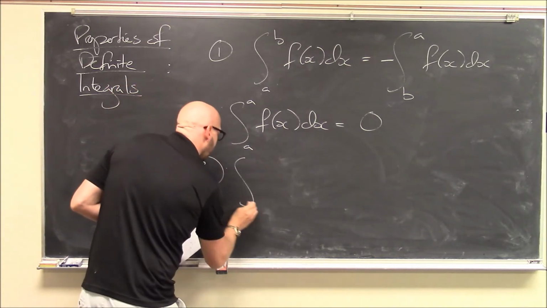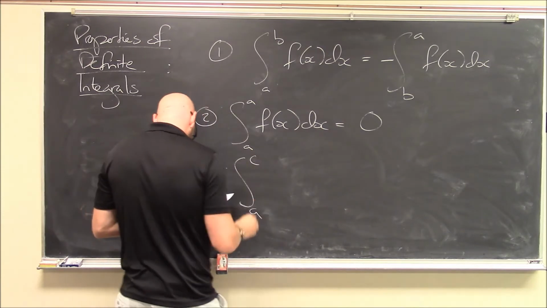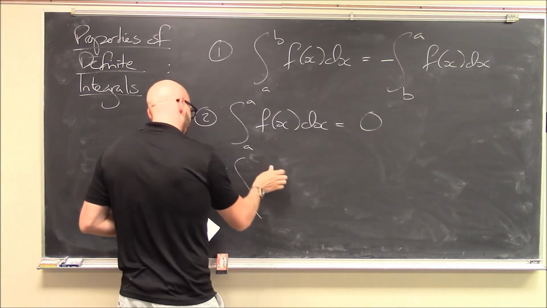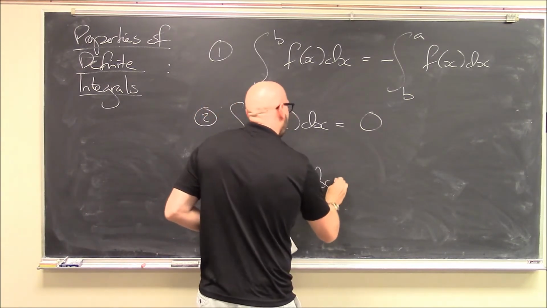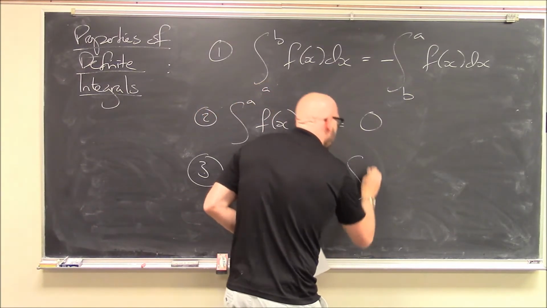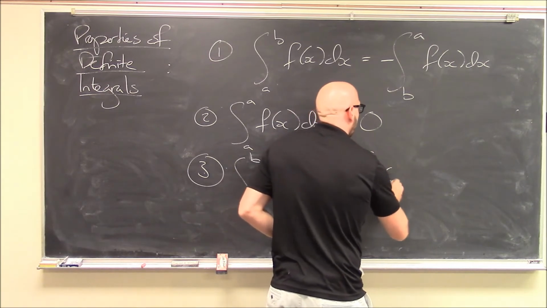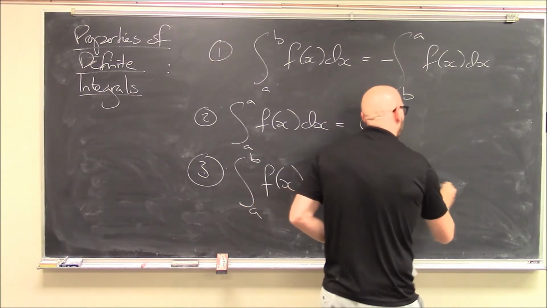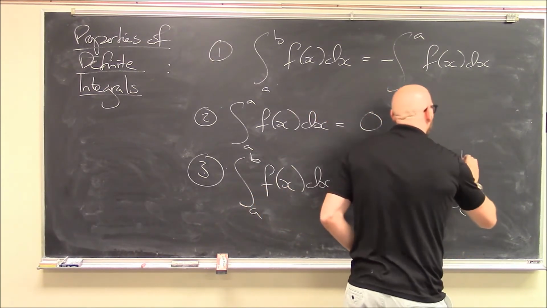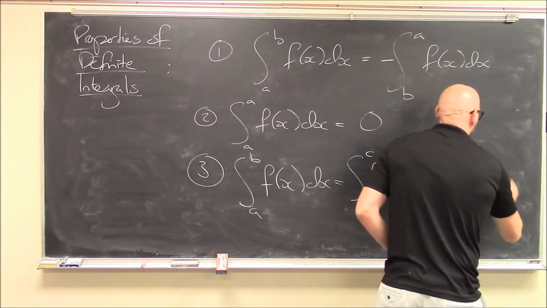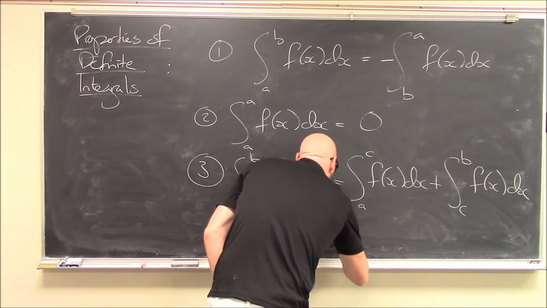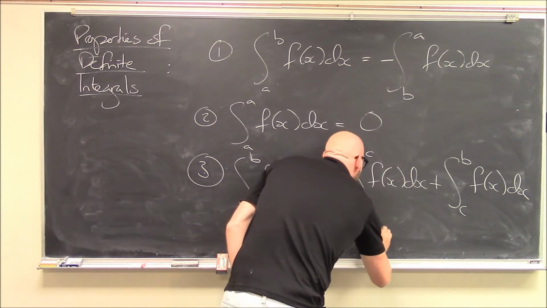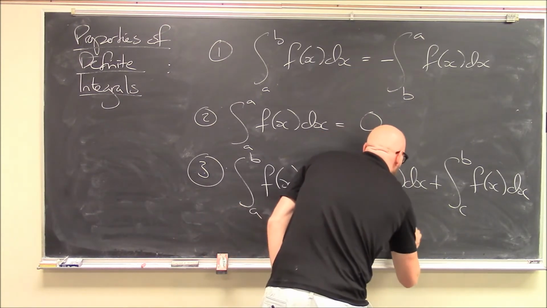3. The integral from a to b of f of x dx is equal to the integral from a to c of f of x dx plus the integral from c to b of f of x dx, where c is any real number.